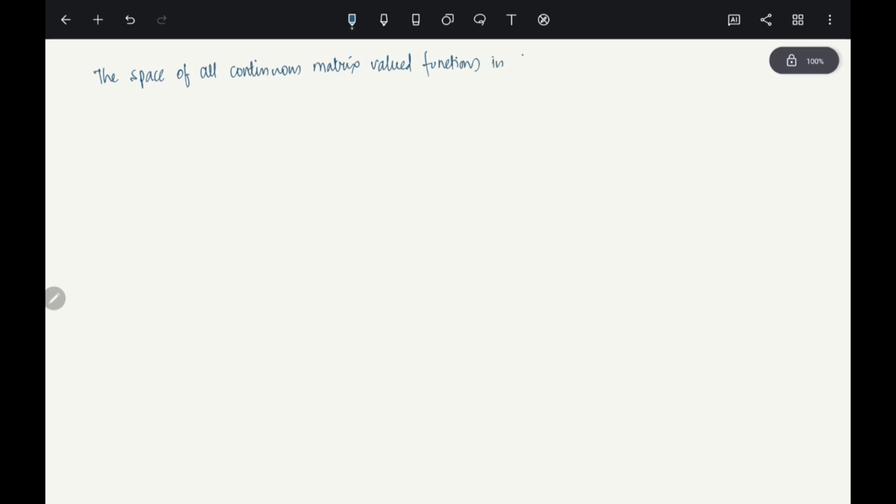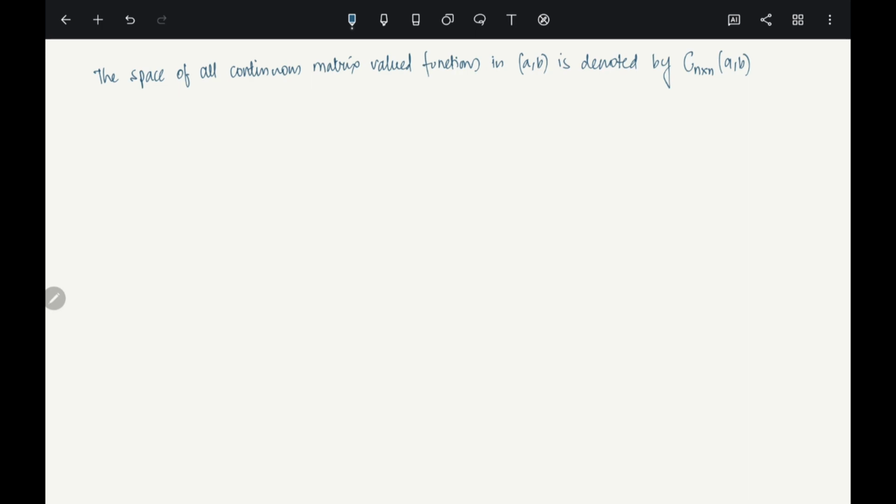In [a, b], it is denoted by, so we will write it as C n cross n size matrix, okay, of [a, b], C_{n×n}[a, b]. So C_{n×n}[a, b] is the set of all continuous matrix valued functions on [a, b], right?